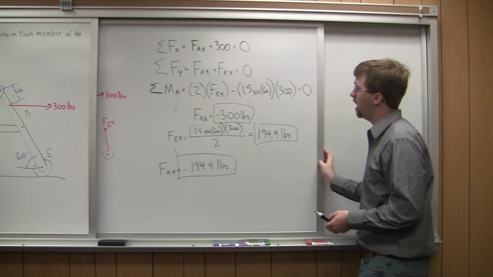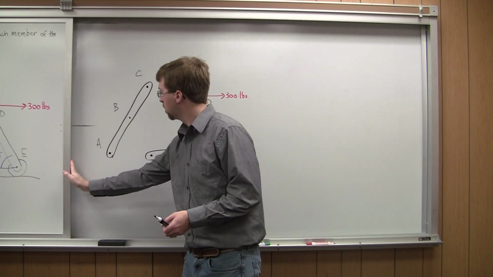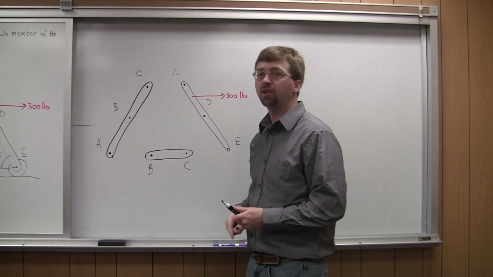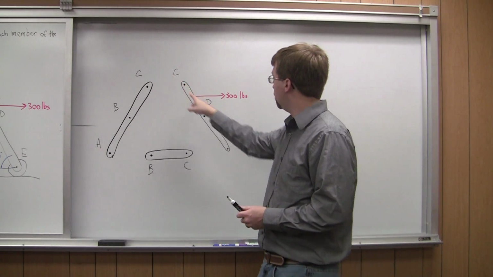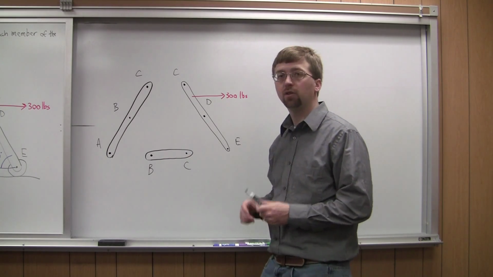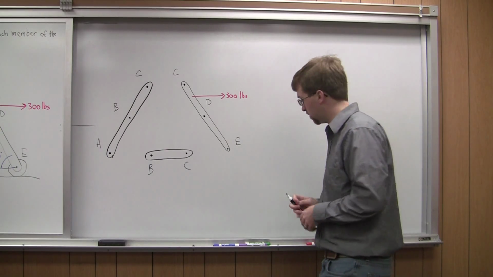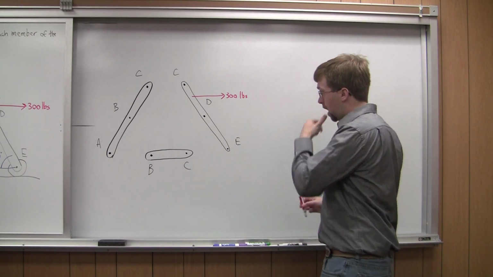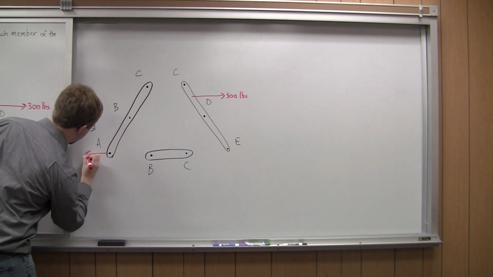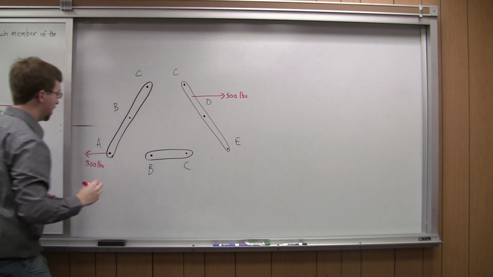So with my A-frame structure, I'm going to have three different members. So I've got ABC, that's one side of my A-frame. CDE is another side of my A-frame, and then BC is the cross member in my A-frame. So I just figured out some of these values. I just figured out that FAX, I've got a 300 pound force pulling right there.